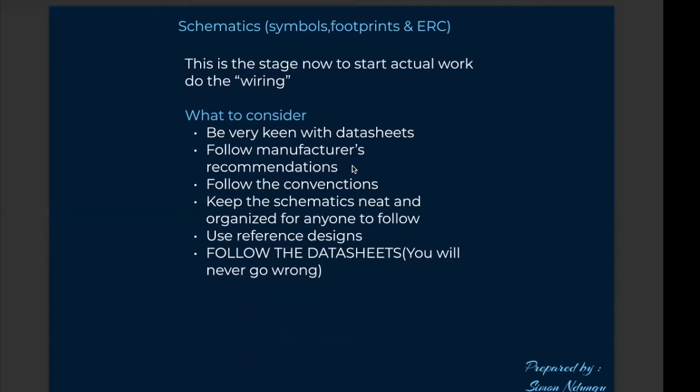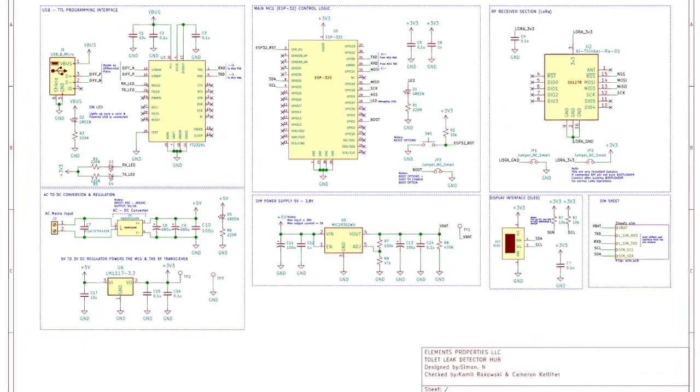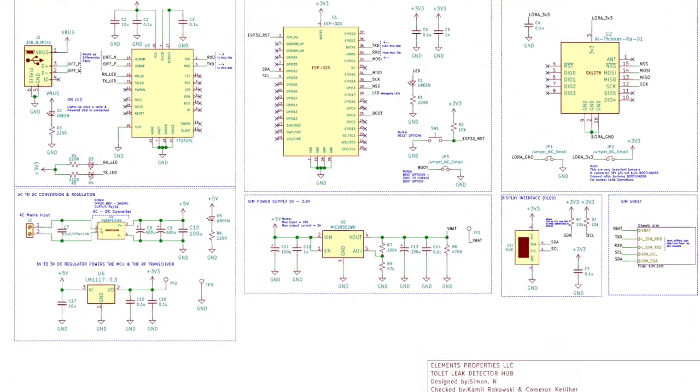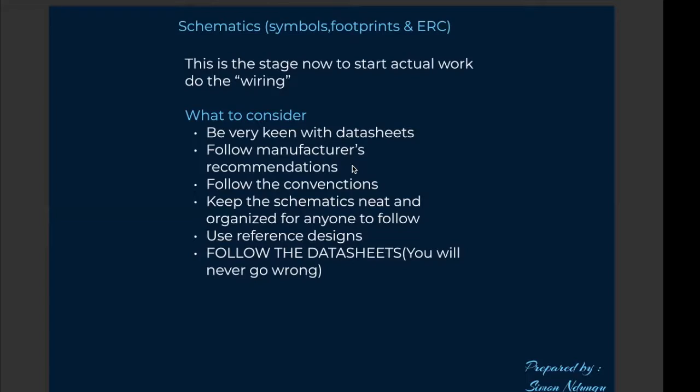Always follow the manufacturer's recommendation. Follow the conventions, or rather the traditions, say, in design of schematics. Keep your schematics neat. You never know who will follow up after your design. Maybe you may not be the next designer of a revision that you did or another version. So keep them well organized such that the next designer finds it easy to follow.